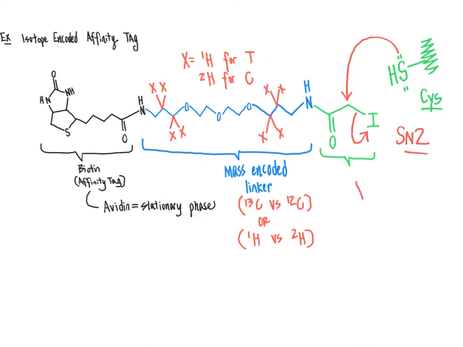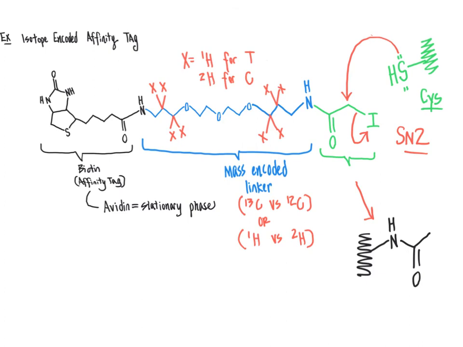And so as a result of that, what we will end up with on the product side of this equation, once the reaction has taken place to link our tag covalently to our cysteine, is that you will have, starting with, just to show part of this molecule, the rest of it is here represented as a squiggly line, the NH group here that is linked to our carbonyl, and that's an amide linkage.